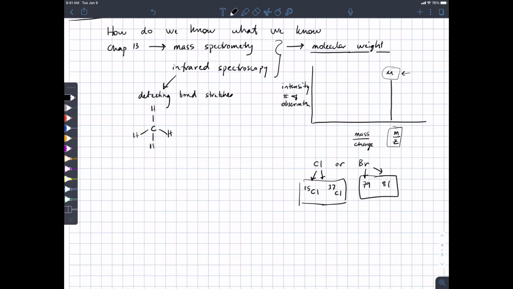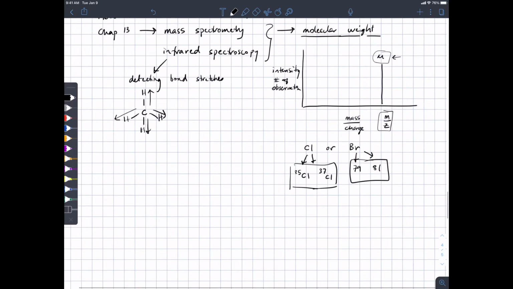For example, you might imagine both of these bonds stretching this way at the same time as both of these bonds stretch that way. That process is quantized and responds to particular wavelengths of light that are in the infrared region. And different functional groups vibrate at different frequencies.